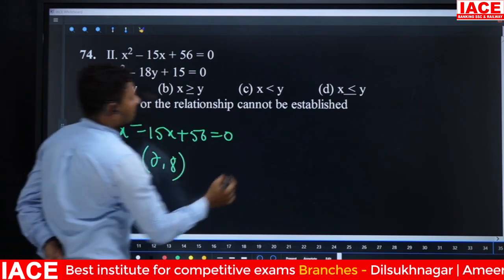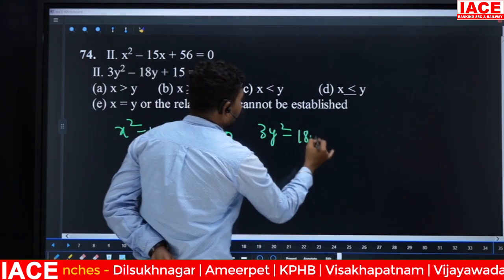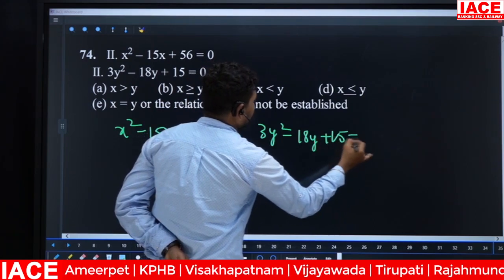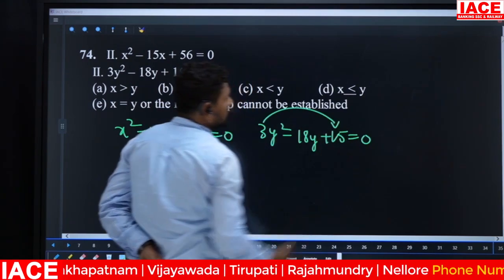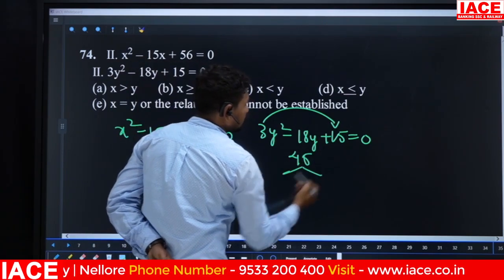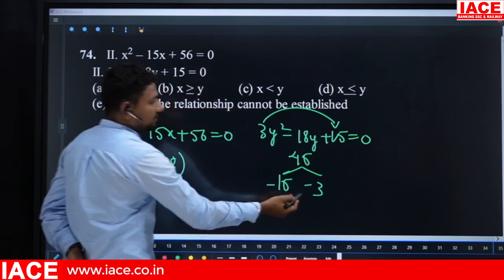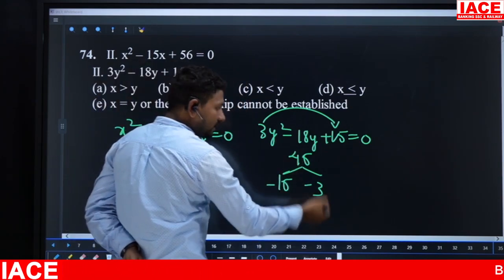And 3y square minus 18y plus 15 is equal to 0. 3 fifteens are 45. The 45 factors? 15 comma 3. So minus 15, minus 3, minus 18, and minus 15 into minus 3 is equal to 45.